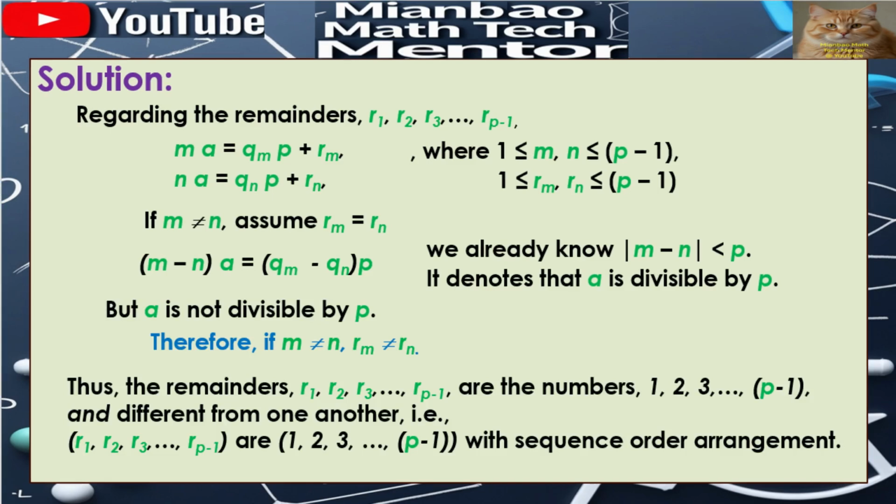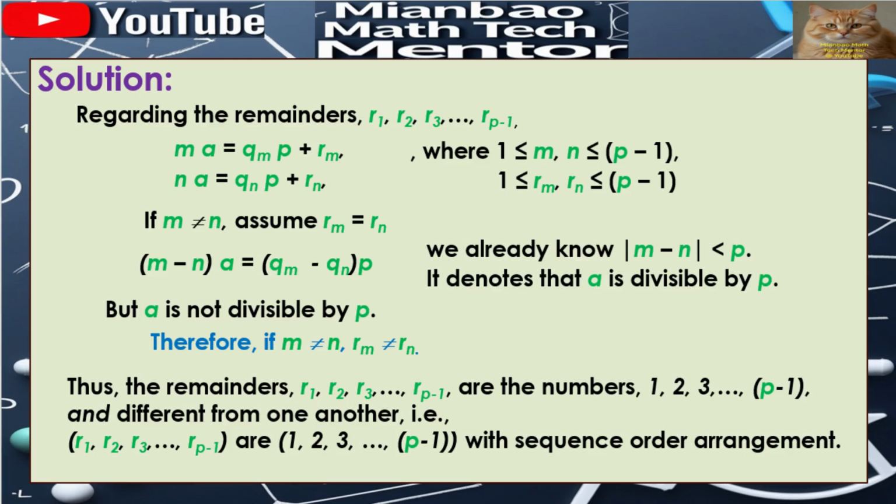But, we have the earlier assumption that a is not divisible by p. This result contradicts the earlier assumption. Therefore, if m is not equal to n, rm is not equal to rn.